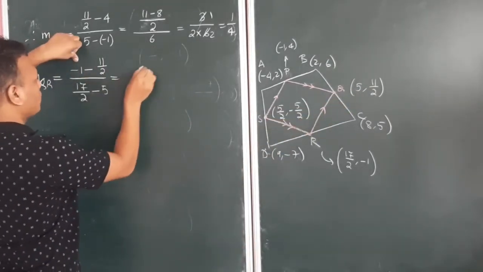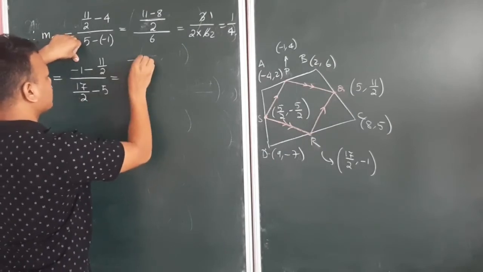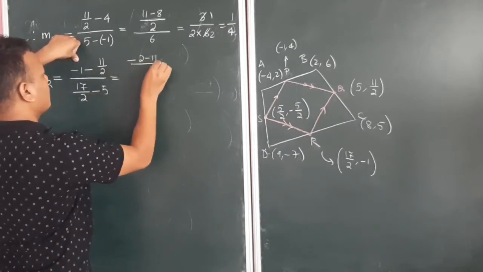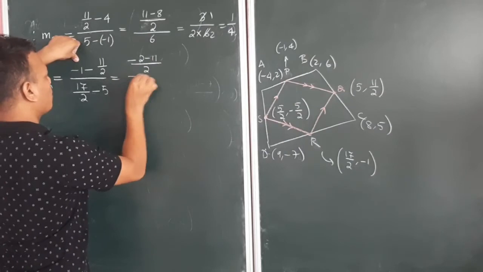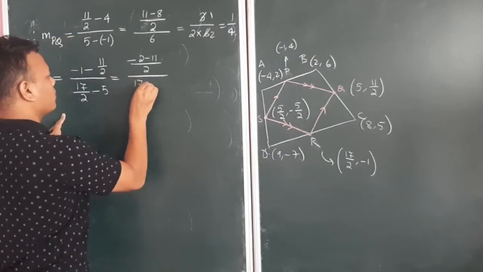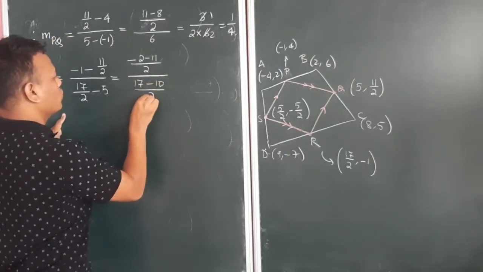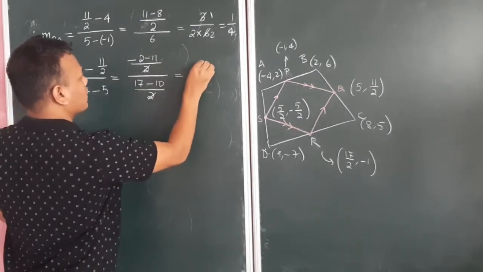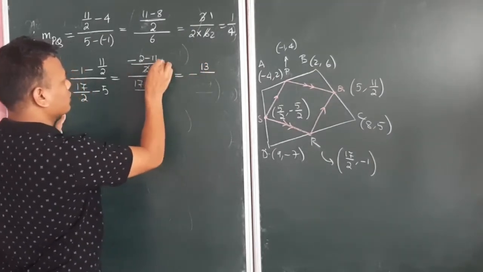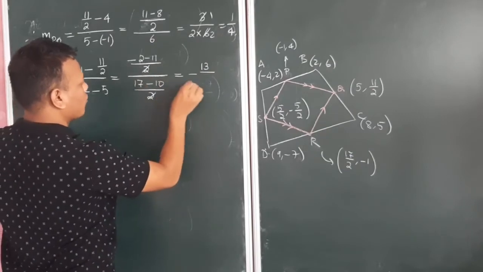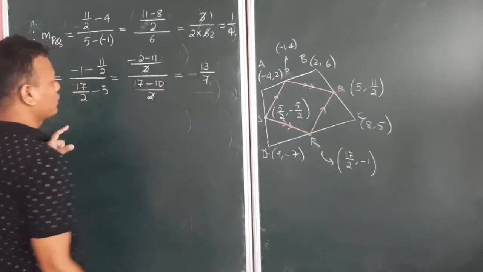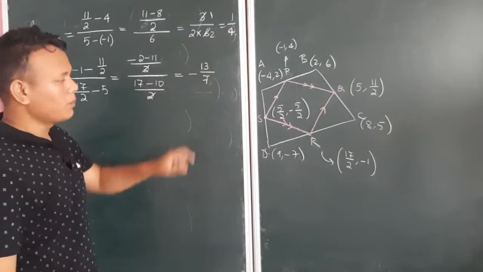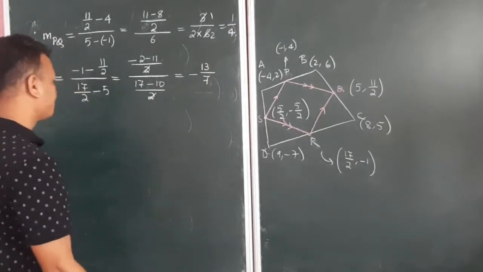This turns out to be minus 2 minus 11 by 2, divided by 17 minus 10 by 2, this 2 gets cancelled, so this is minus 13 by 7. So the slope of QR is minus 13 by 7.